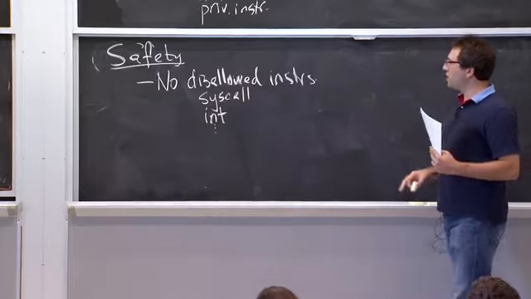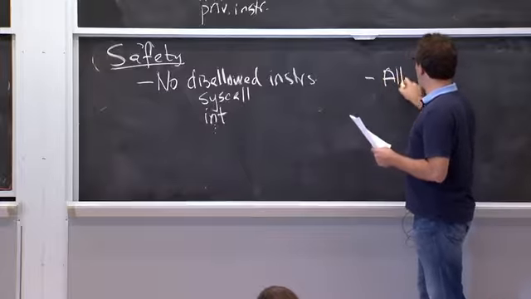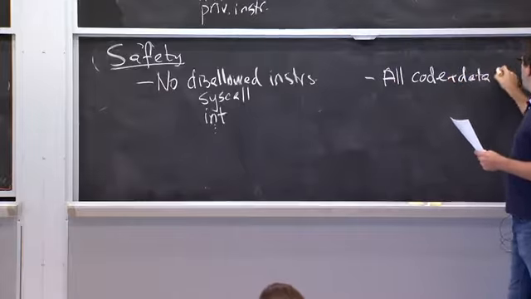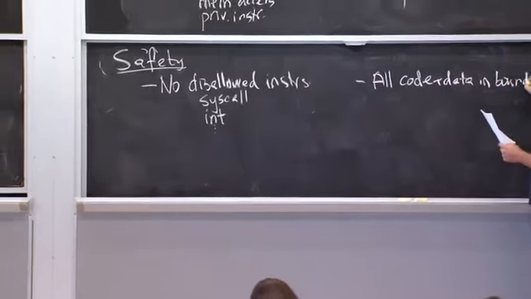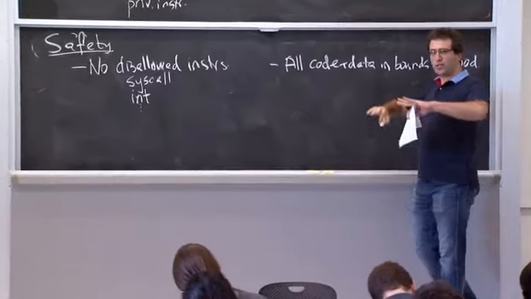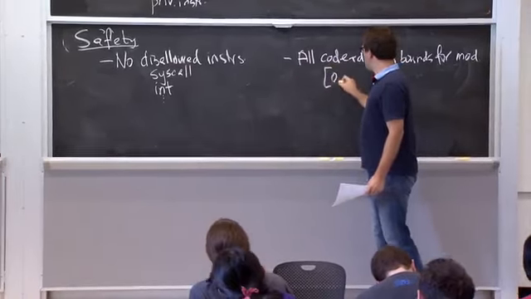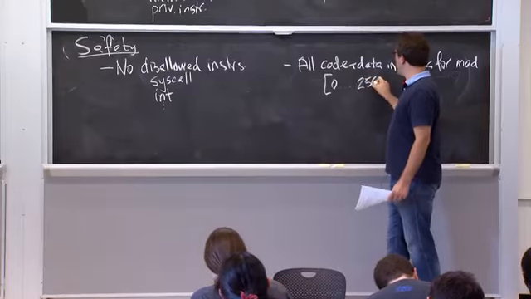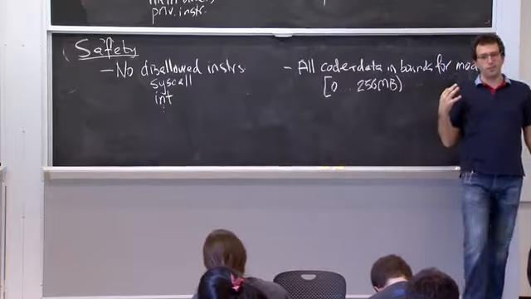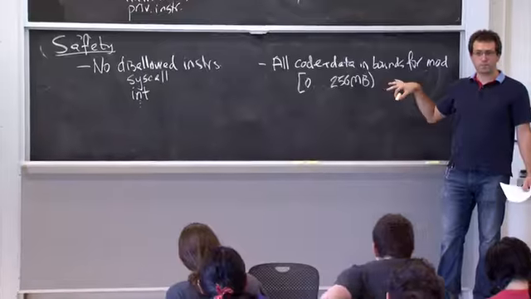And in addition to this no disallowed instructions rule, they also want to make sure that all code and data accesses are in bounds for the module. What this means is that they dedicate a particular part of the program's address space, specifically from 0 up to 256 megs in the process. And everything that this untrusted module does has to refer to locations within this chunk of memory in the program.